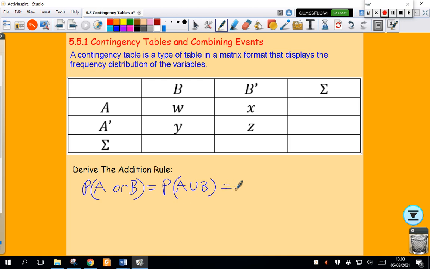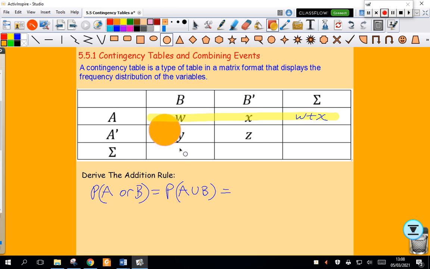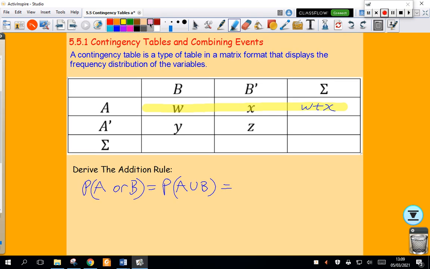Well, I add up all the things along the row called A, in this case W plus X. I add up all the things along this column, that's going to be W plus Y. This cell will be X plus Z. This cell will be Y plus Z. This cell would be W plus X plus Y plus Z.